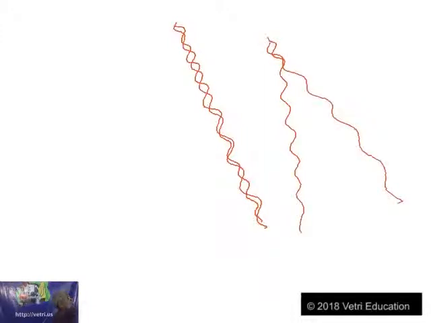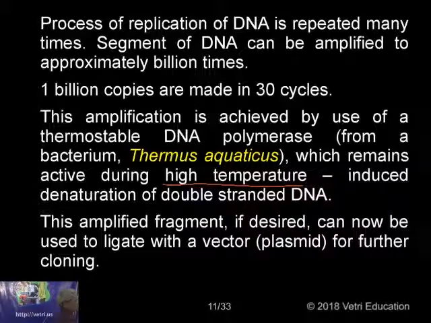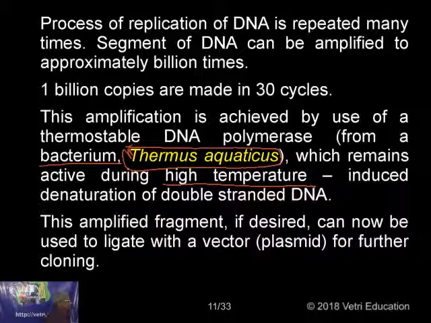It is getting separated. See? So for that, very high temperatures are needed, and the enzyme remains active during the high temperature induced denaturation of the double stranded DNA. This is being provided by Thermus aquaticus, which is a bacterium. This amplified fragment, if desired, can now be used to ligate with a vector for further cloning.